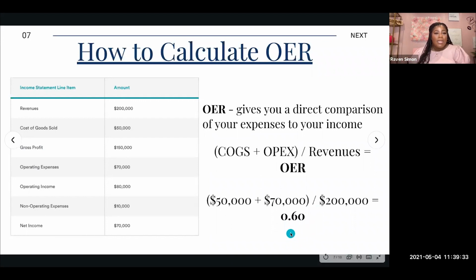This is more than likely a retail business. Retail or manufacturing businesses have higher ratios, meaning they have more costs for each dollar of revenue, right?